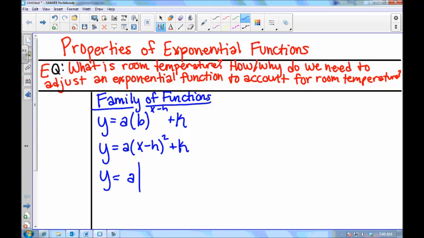Y equals a times absolute value x minus h plus k. Right? So make sure your absolute value bars are nice and tall and long, so they don't look like ones. Then we've done squared, which is quadratic, so then you learned about a cubic. A times x minus h cubed plus k.